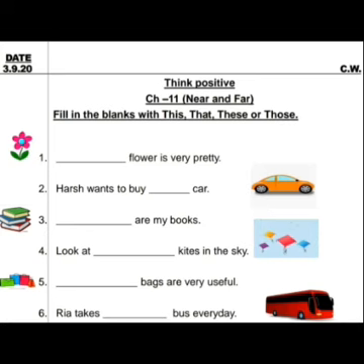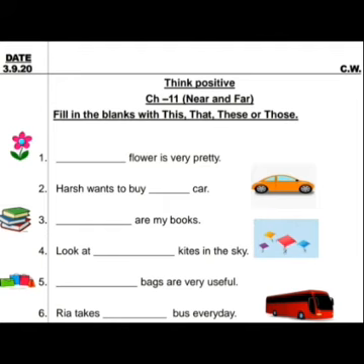Now on the next line, write fill in the blanks with this, that, these or those. Now dear kids, every time I used to say that no need to draw the pictures, but today all of you have to draw these beautiful pictures and color them also. Okay, you can use the crayons or pencil colors, no need to use the sketch pens.